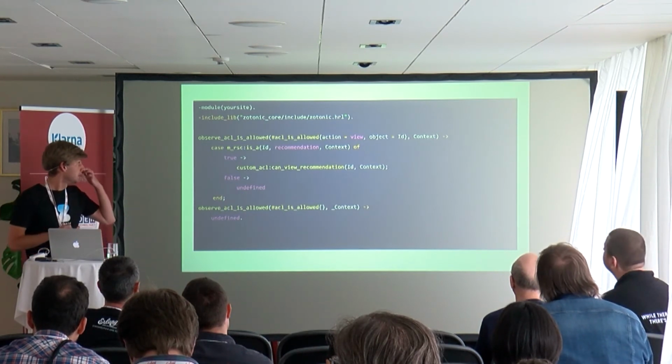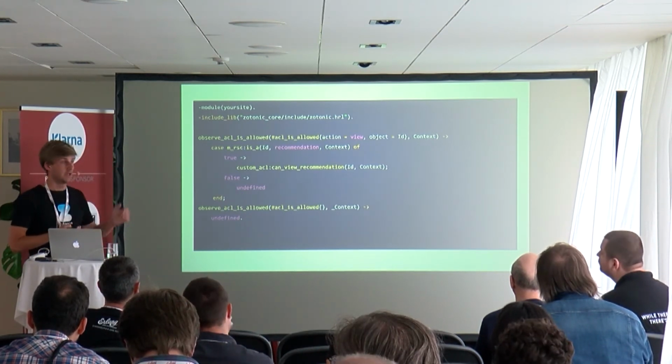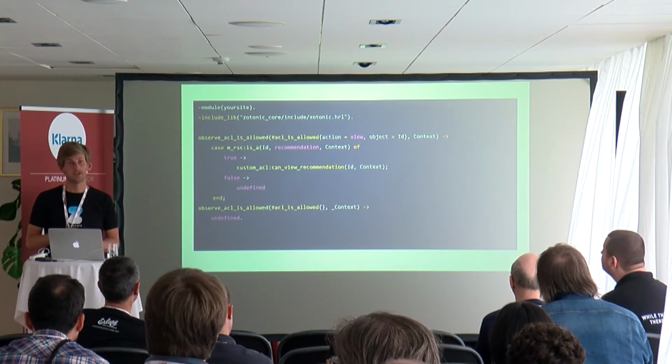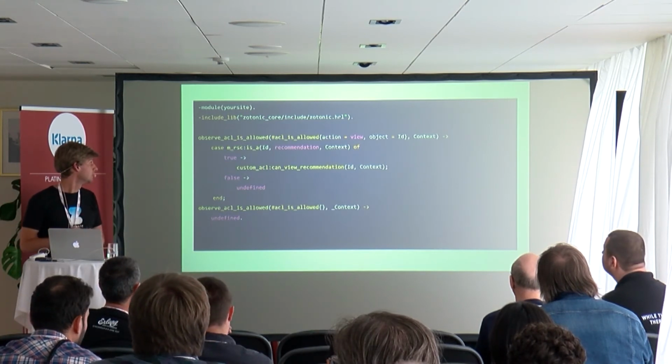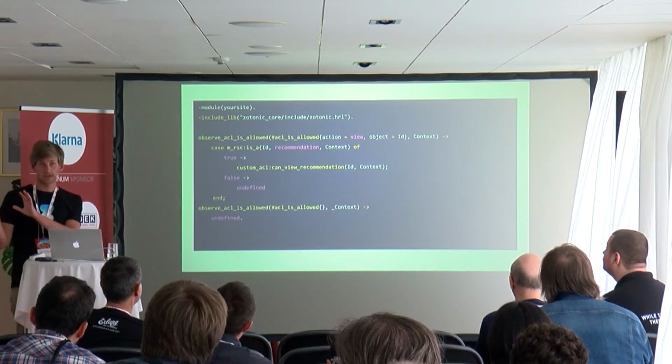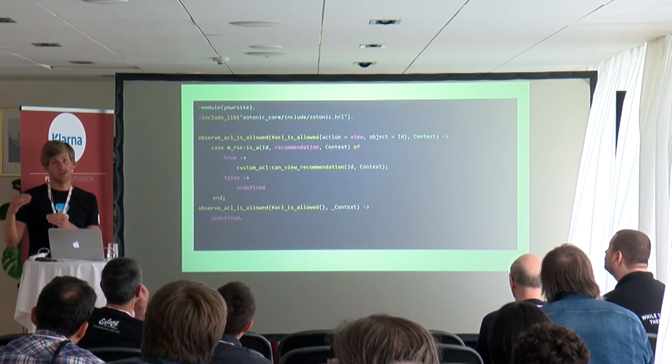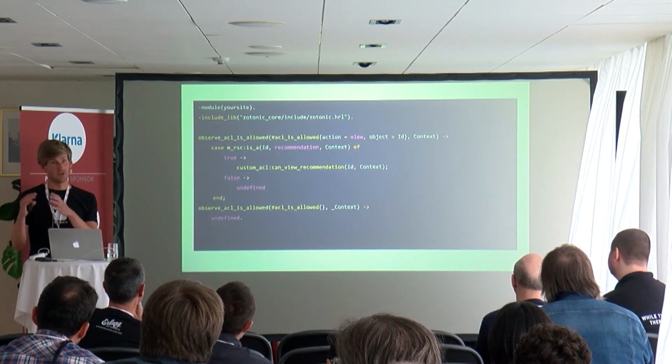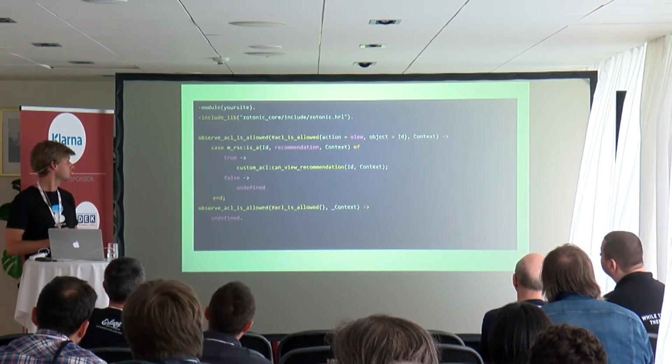For instance, is this particular page a recommendation? Is it of the type recommendation? If it's not, we just return undefined, let the next observer handle it, and eventually fall back to Zotonic's built-in access check system.